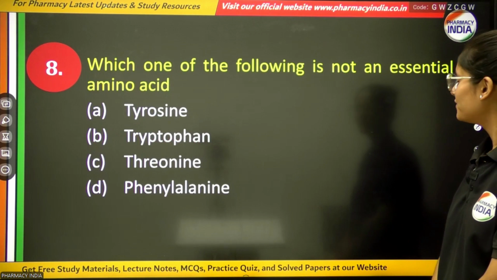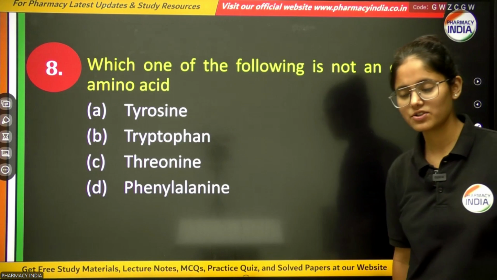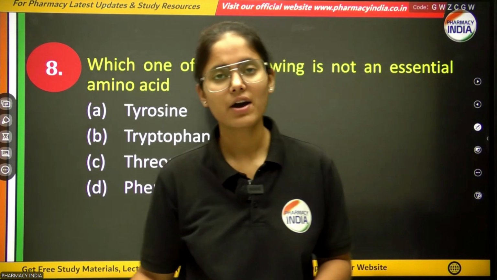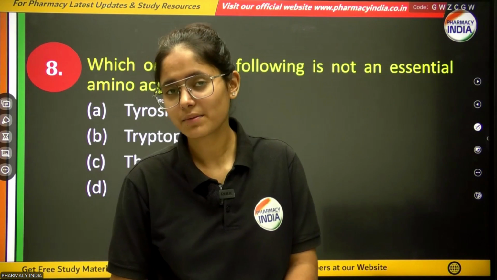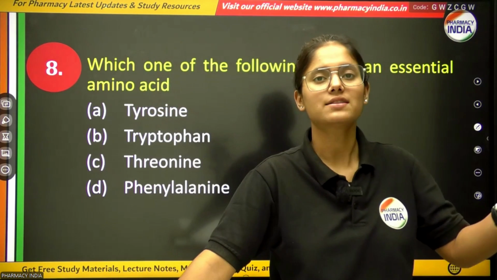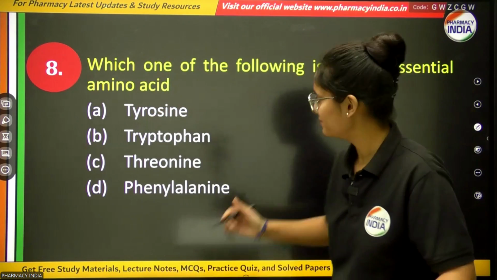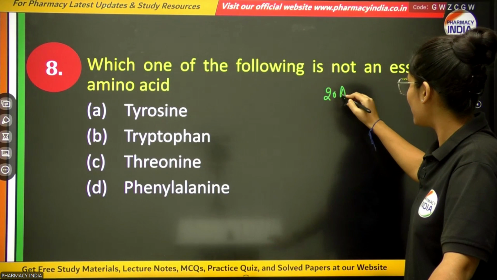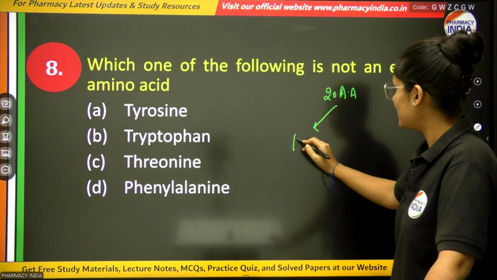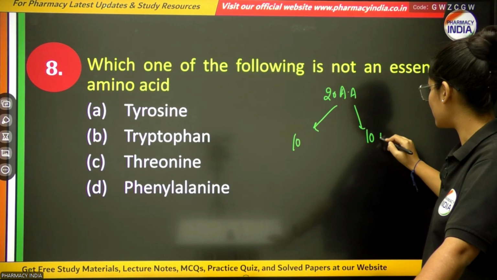Which one of the following is not an essential amino acid? Now our body contains total 20 amino acids from which 10 are essential and 10 are non-essential.